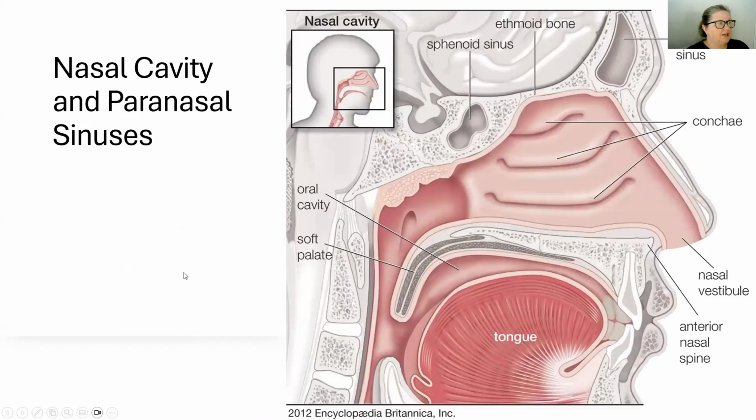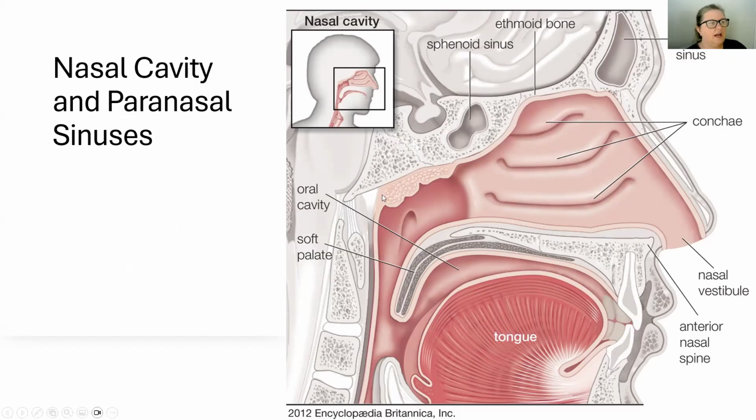We have also the nasal cavity and the paranasal sinuses. For those of you who have sinus issues, you're probably very familiar with these. So just as a rundown here, here are the nares or the nostrils. That's where air is taken in. And then the vestibule, of course, is the inside of the nose, basically.